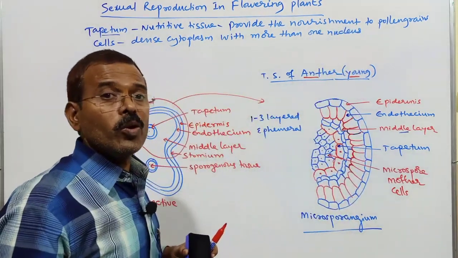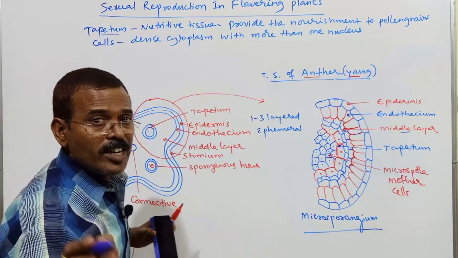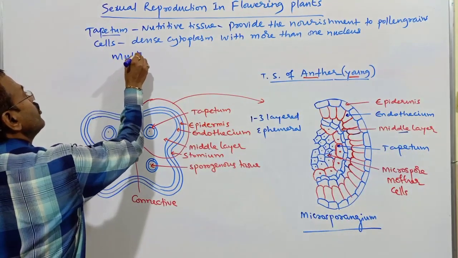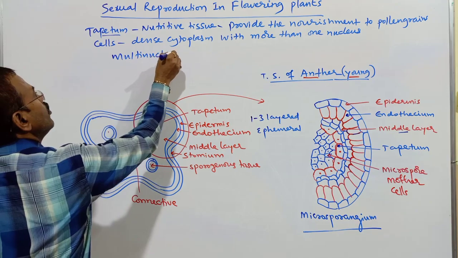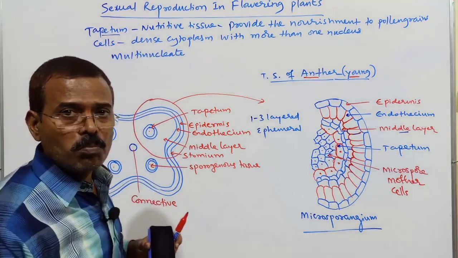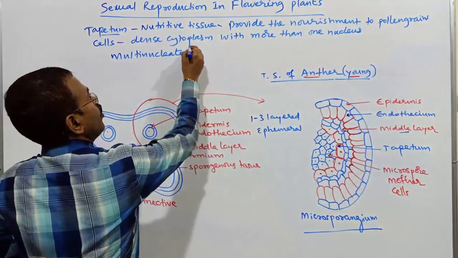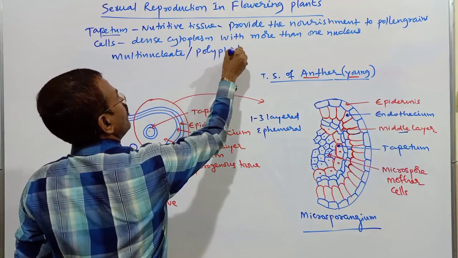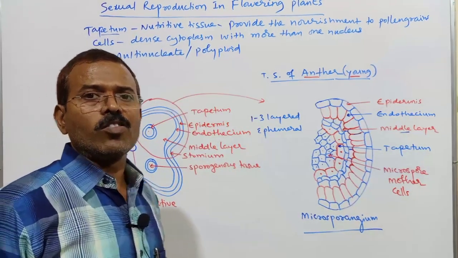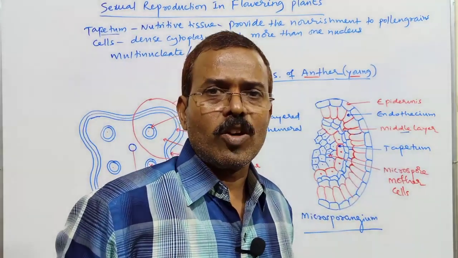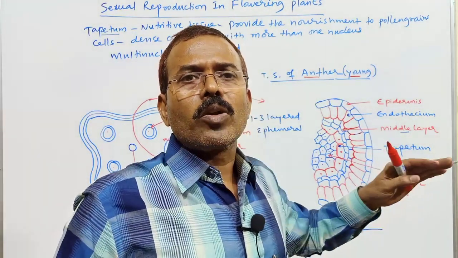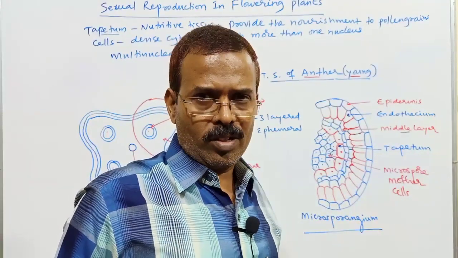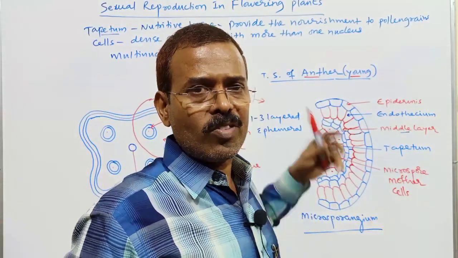So usually the tapetal layer is multinucleate. The tapetum layer is multinucleate or polyploid in nature. The tapetal cells possess dense cytoplasm with more than one nucleus. Usually they are multinucleated structures and polyploid in nature.